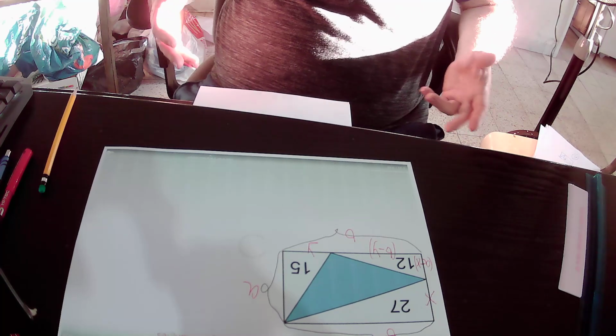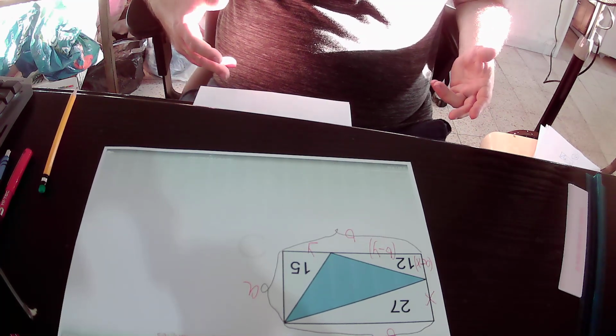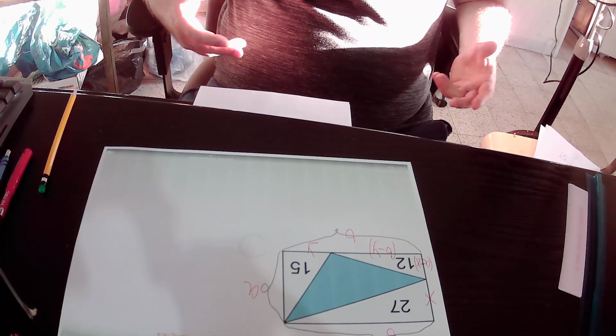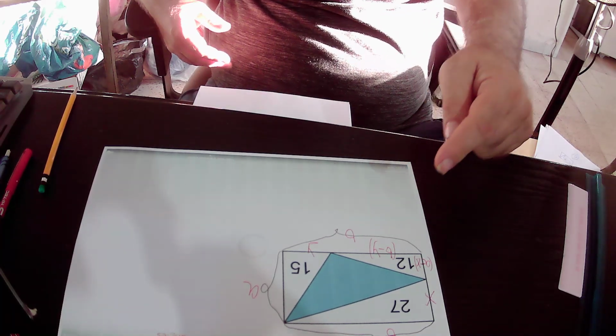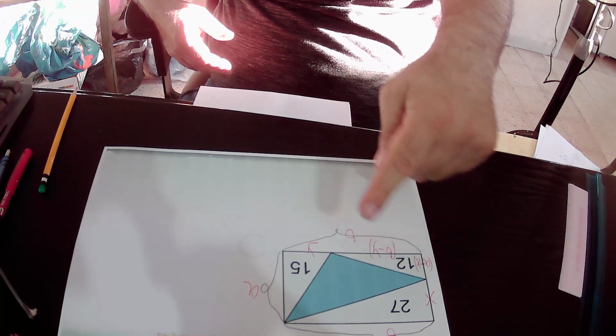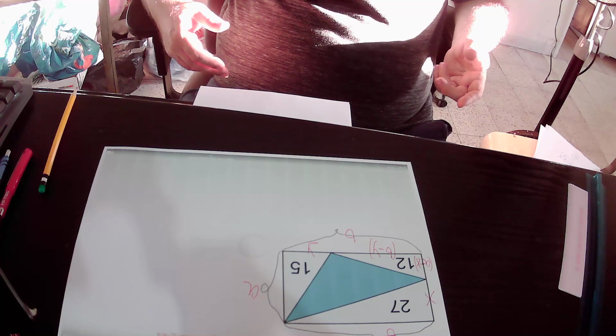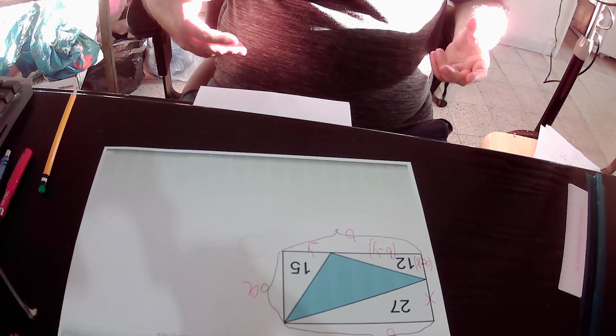And from those three equations for the areas of those three right triangles, we actually derived a quadratic equation.